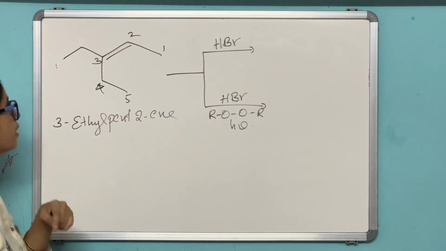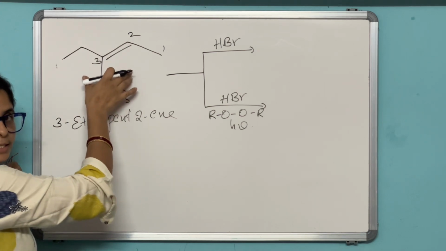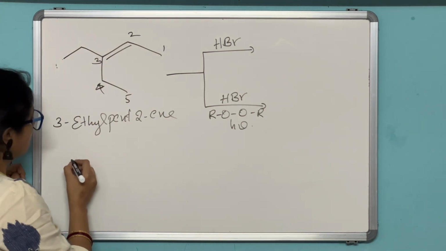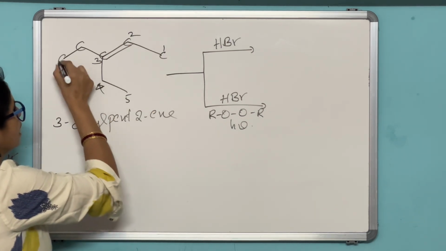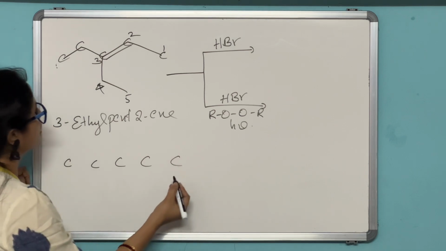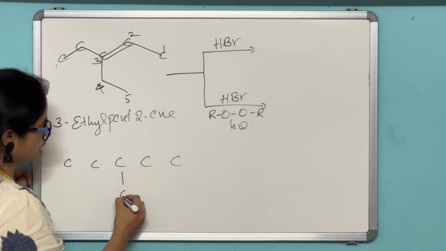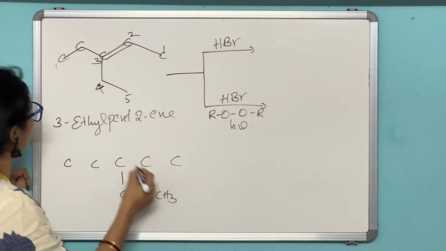Okay. So if you are given this structure, and you are confused with the structures, you just write carbon, carbon, carbon, carbon, carbon. At the third position, you have CH2, CH3, the ethyl group, no?